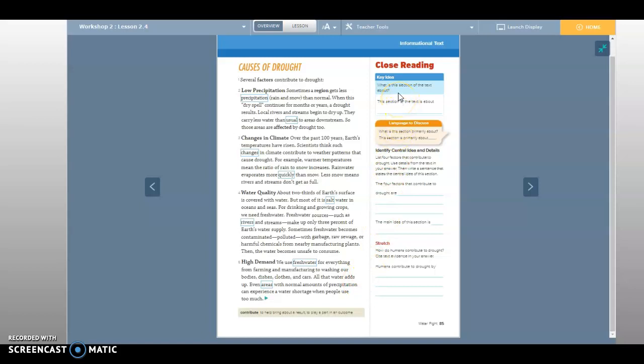What is this section of the text about? What do you guys think this section of the text is about? Okay. All right, so look right here. You see my arrow? What is this main thing about? Causes of drought, right?